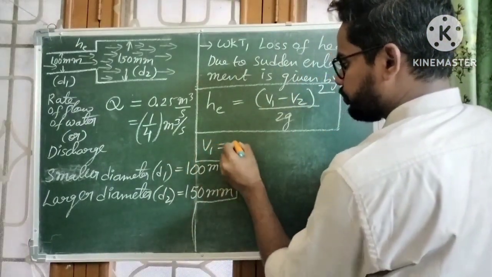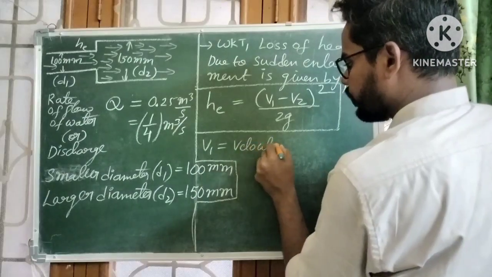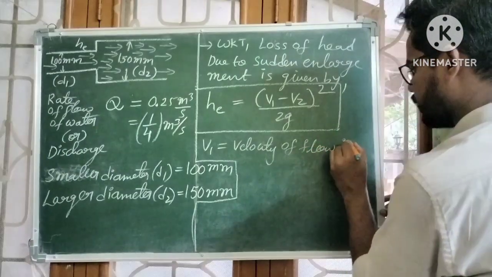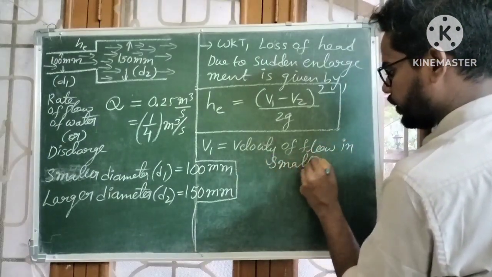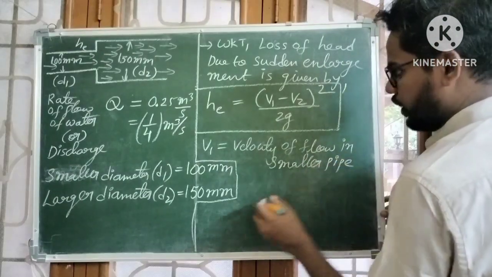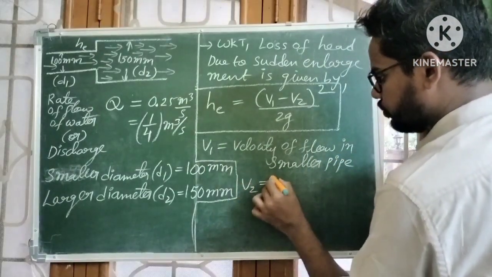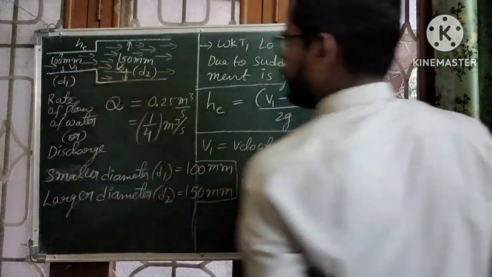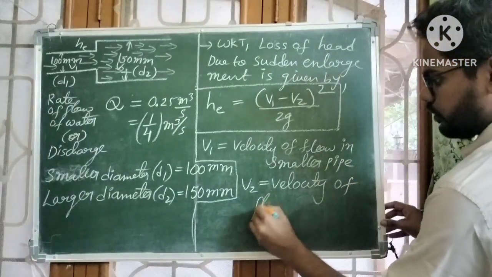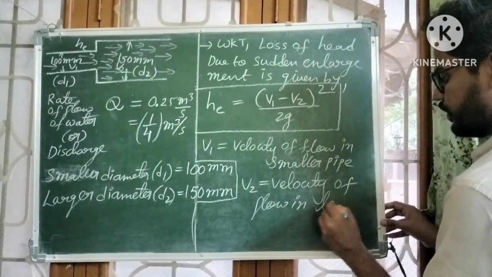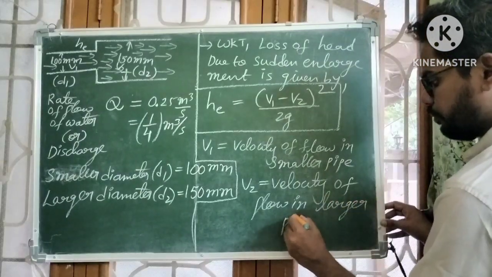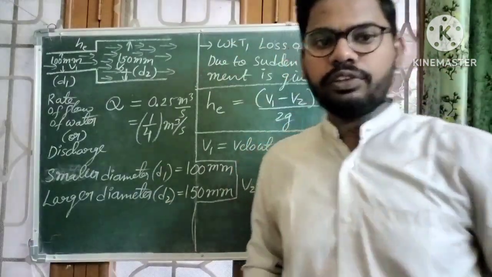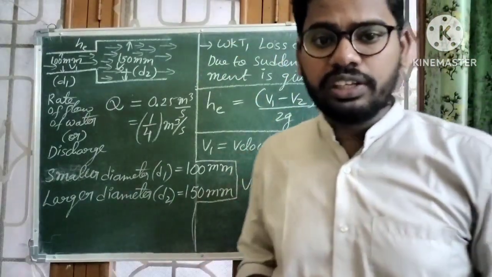Here V1 means velocity of flow in smaller pipe, and V2 means velocity of flow in larger pipe. We need V1 and V2. How do we get V1 and V2?